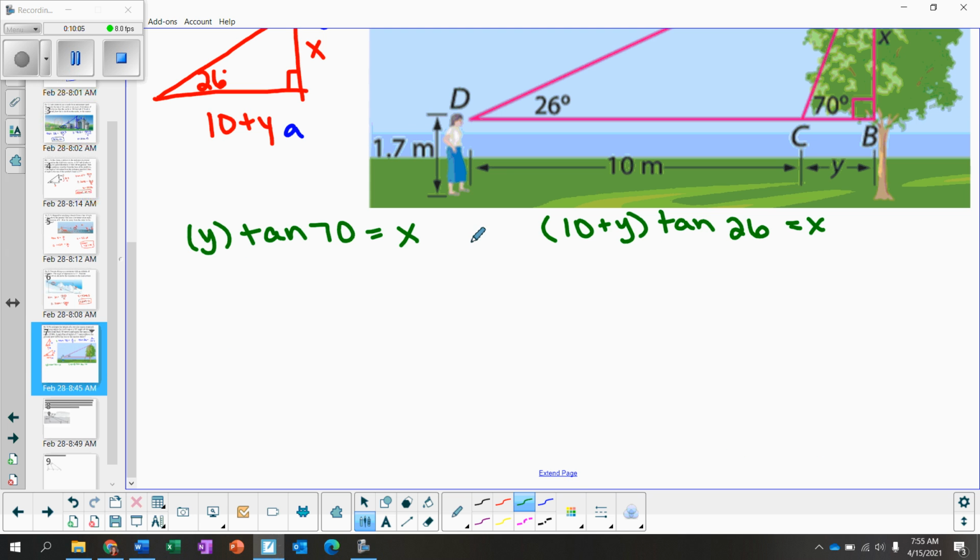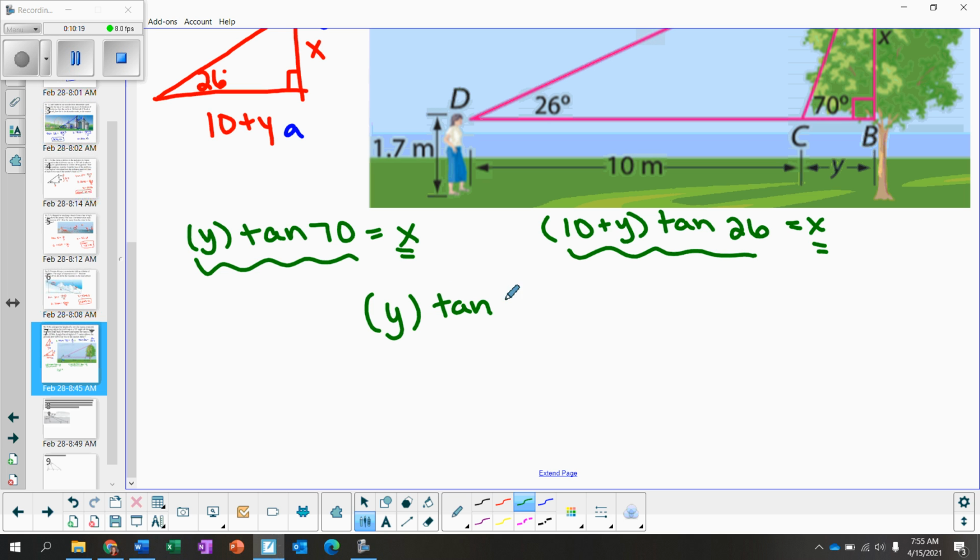So I now have two different equations that both equal x, which means I could set the other two pieces equal to each other. So y times tangent of 70 equals 10 plus y times tangent of 26.